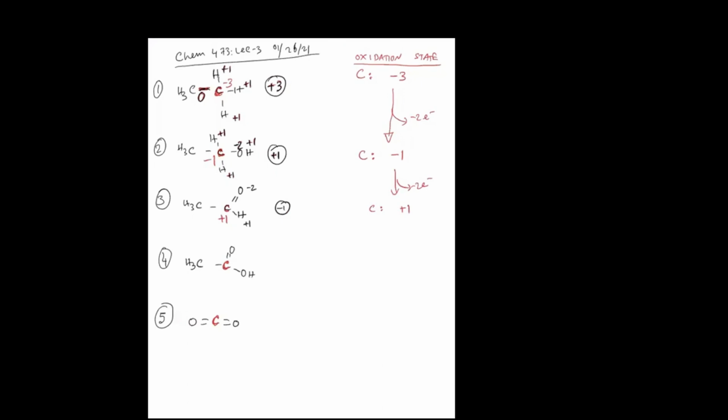It's attached to 2 oxygens for a total of -4, and then the 1 hydrogen is a +1. So the carbon should be +3 to neutralize it. So here it's +3. Again, we remove 2 electrons.